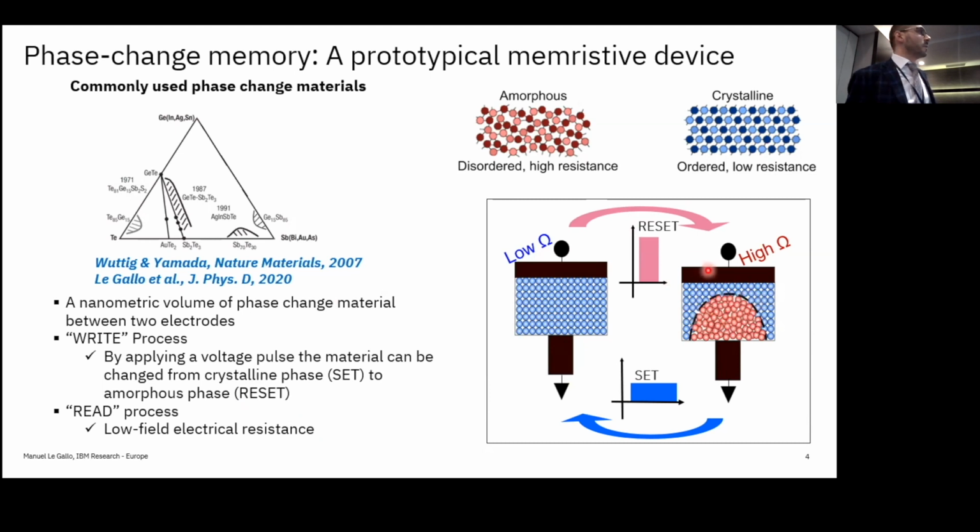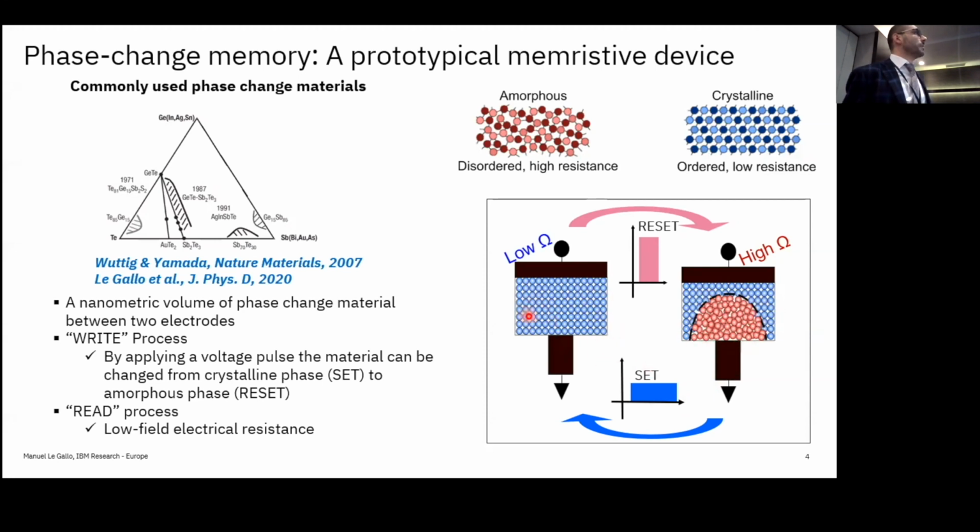That will create a high resistance state, which is usually called the reset state. This could correspond, for example, to logic 0. And then if we want to bring it back to the low resistance state, we apply a lower amplitude pulse that will crystallize this amorphous region and make it more conductive.